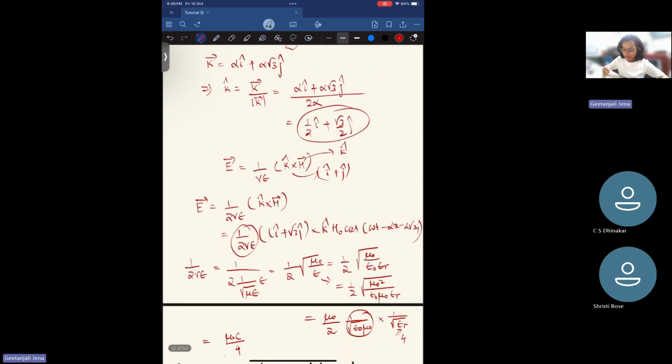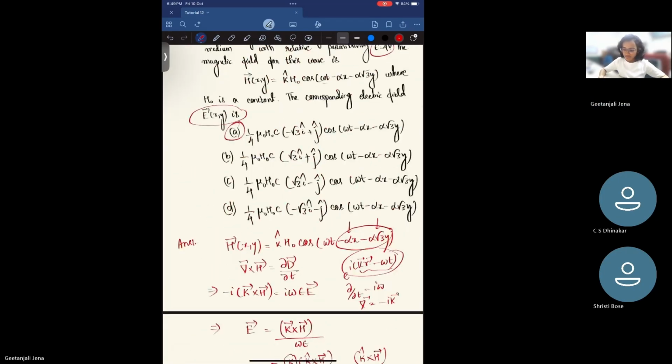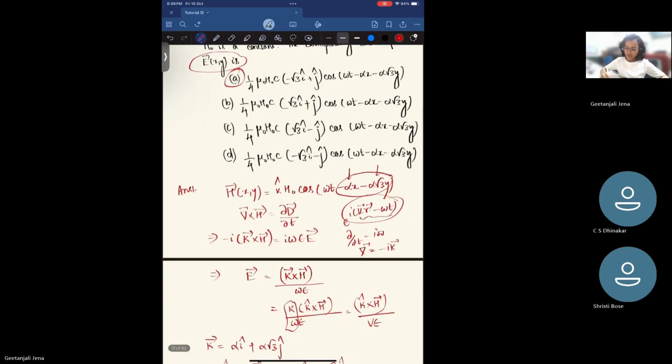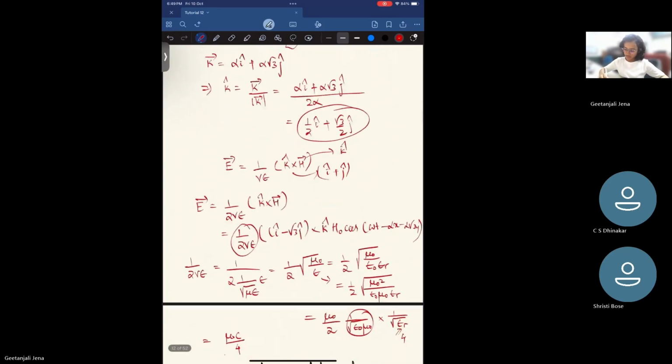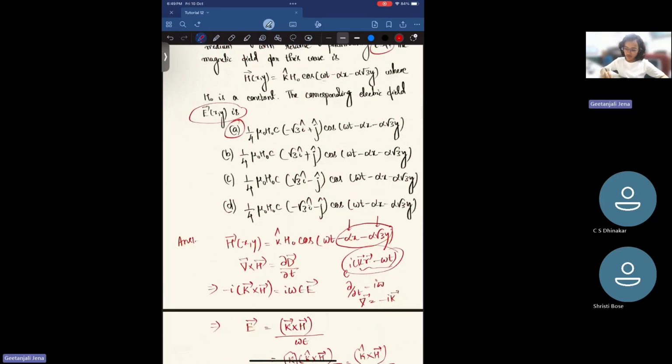I K will give minus J, right? This minus, and JK will give I. So I minus root 3. Where is I minus root 3? I minus root 3 J.